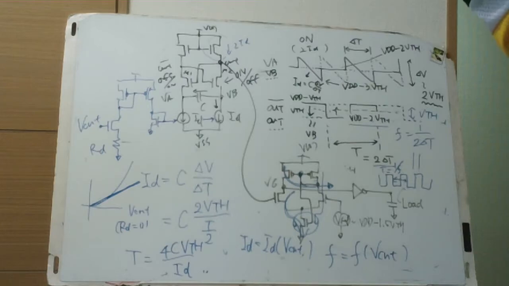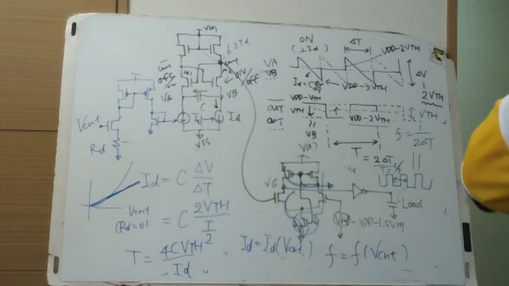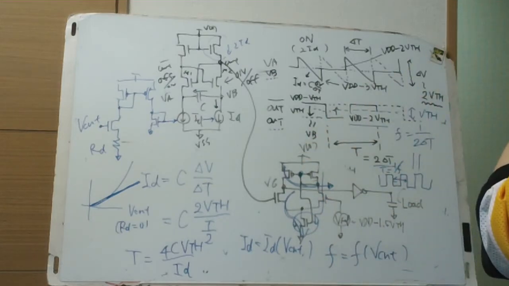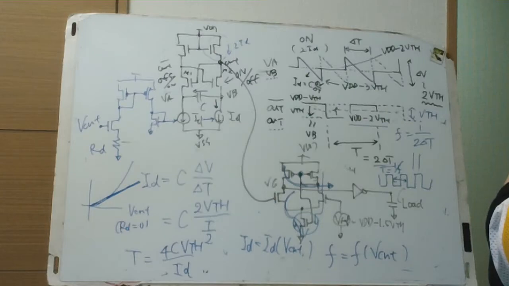So usually VDD is around 1.8 volts, and the VTH is 0.5 to 0.6. It's possible to generate the pulse from this topology, but let's calculate yourself how fast this can operate.